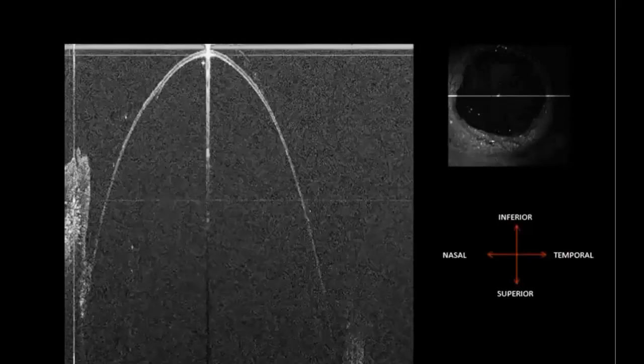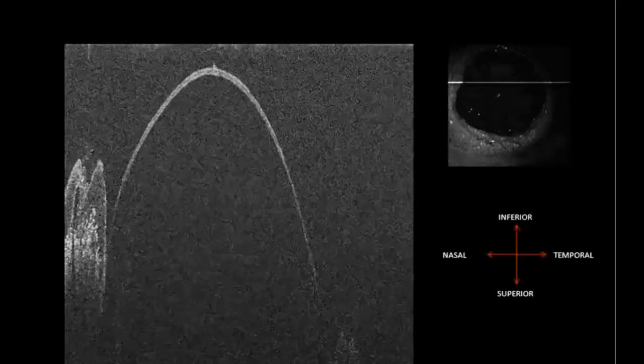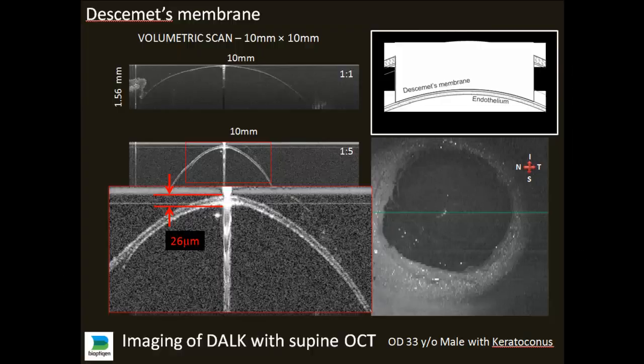Here we have dissection of our residual stroma, and again we have a beautiful detached, intact Descemet's membrane. And again, we can confirm that not only visually, but by our OCT imaging, and we can drop a cursor and measure the uniform Descemet's membrane and endothelium that we have at this point of the procedure.